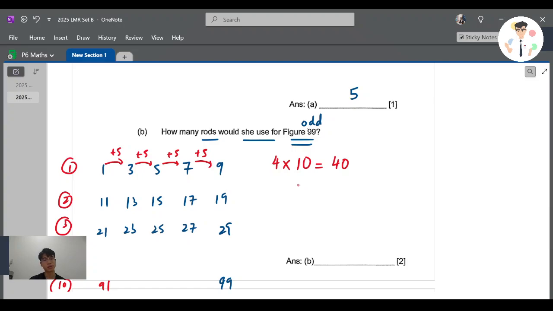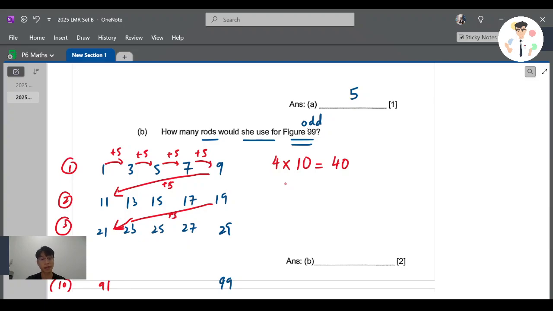Okay, but is it done? No. Because 9 to become 11, I also need to plus 5. Okay? And like this, I need to plus how many times? Like 1 to 2, 2 to 3, 3 to 4, 4 to 5.